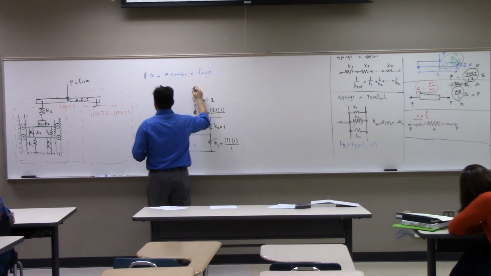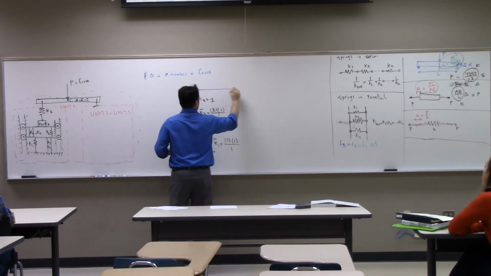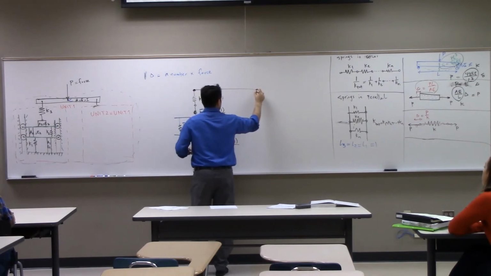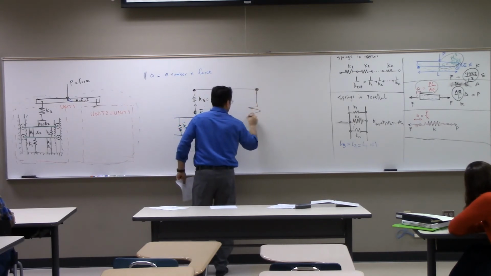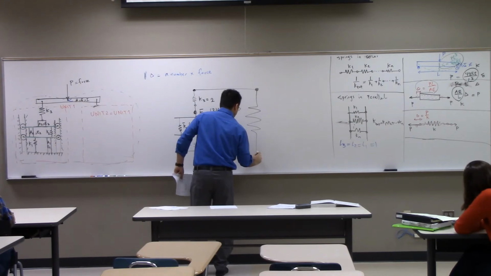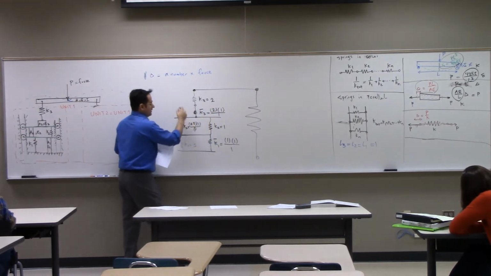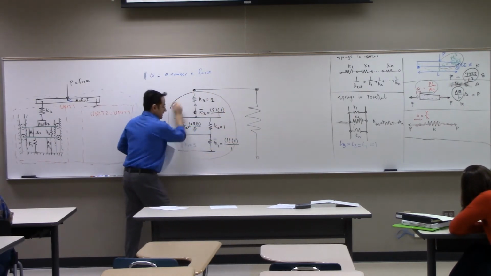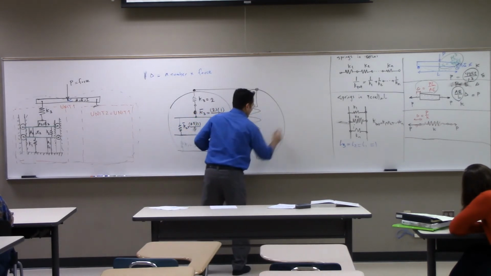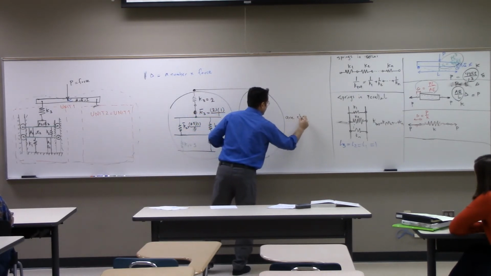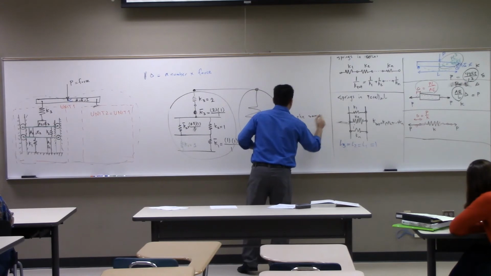So here I put another, before I do that, there is another spring here, which is exactly the same thing. You see, this one and this one are the same. Right?